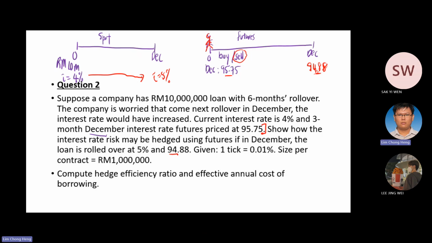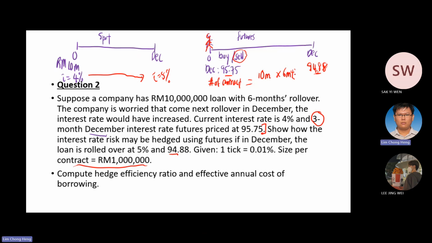Then how many contracts do you need to sell? The contract says one contract is 1 million and for 3 months. Then how many contracts do you need to sell? What you have is you need 10 million, and this 10 million is for 6 months.